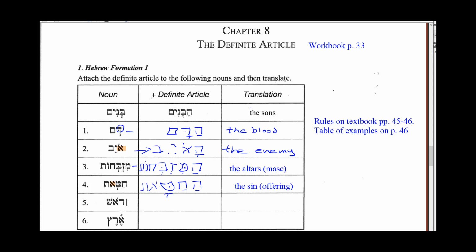Let's look at the next one here. We have rosh. Rosh means head. And this is one of the gutturals that will lengthen the vowel before it. So when I put the article in front of it, the patach is going to lengthen to a kametz, and then I will have my word rosh.